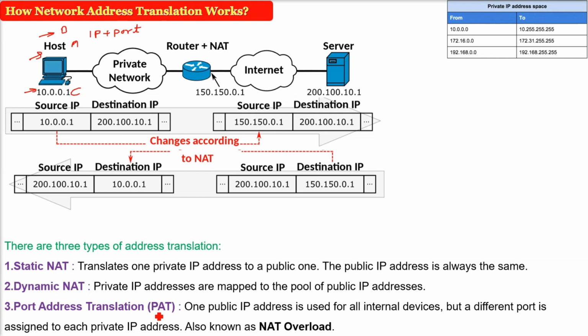So in port address translation, PAT, one public IP address is used for all internal devices. These are all internal devices. Only one public IP will be used. But what will be the difference? A different port number is assigned to each of these private IP addresses. Okay. One public IP address for all internal devices, but a different port number for each private IP address. This is also called NAT overload.